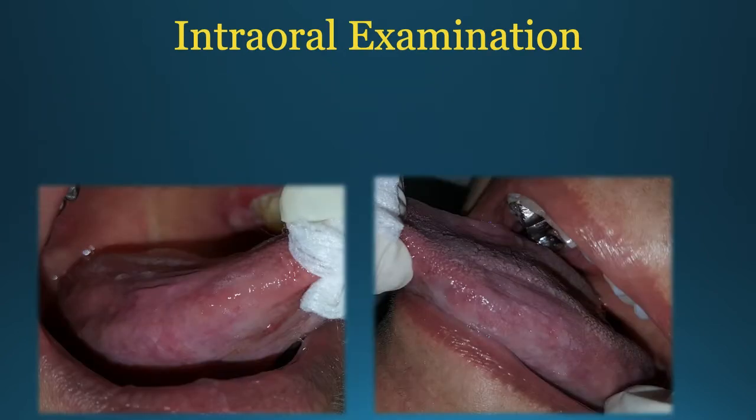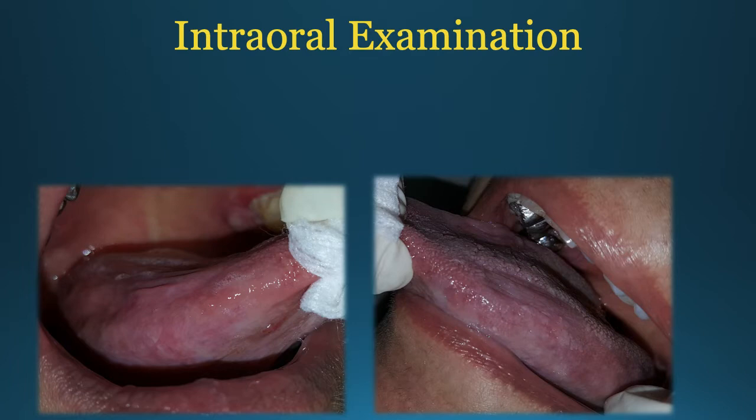Intraoral examination also proceeds to the lateral side of the tongue. I don't know if you could see it, but on the left border of the tongue, we could see a very small white lesion.